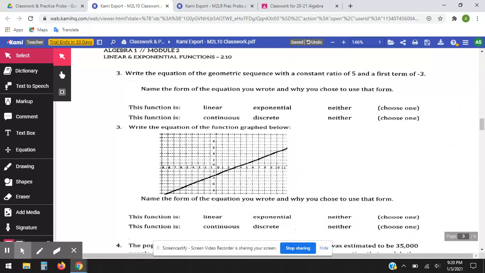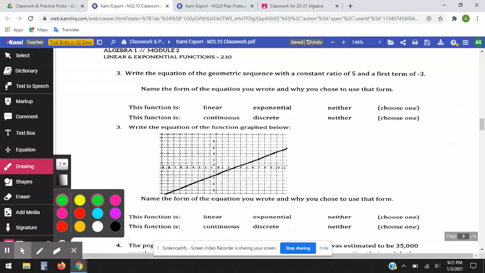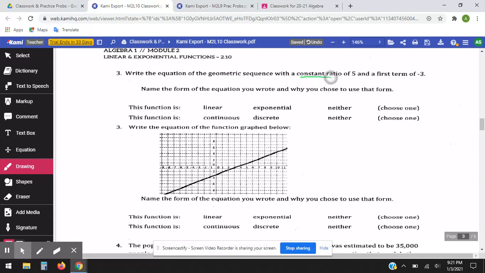All right, let's see what our next one is. Next one, write the equation for the geometric sequence with a constant ratio of 5 and a first term of -3. Well, constant ratio means we can do it both ways.